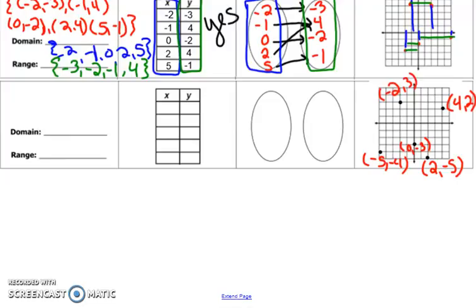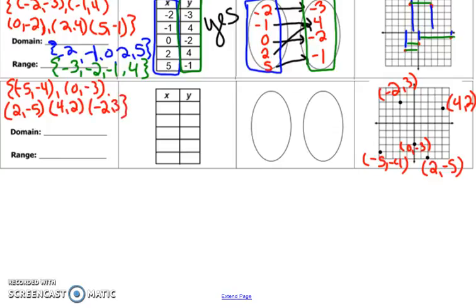And here I have -2, 3. So now I'm going to write my ordered pairs first, and it doesn't matter the order. -5, -4, 0, -3, 2, -5, 4, 2, and last but not least, -2, 3.